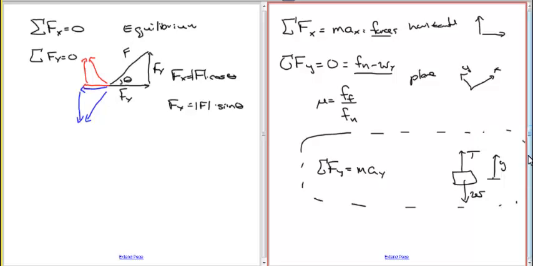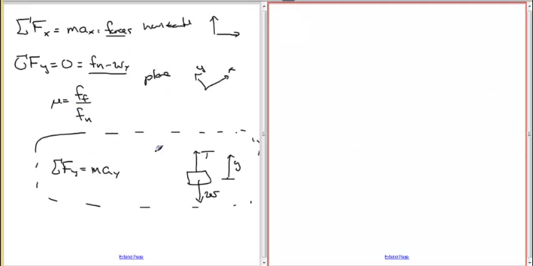And so typically when you have more than one object connected by a cable, the thing that connects them is the tension. There's two things that connect them.